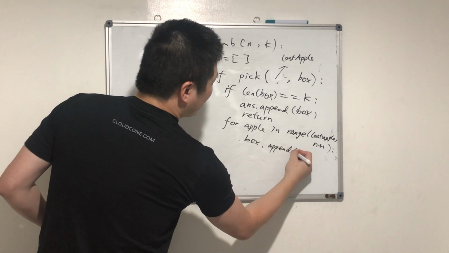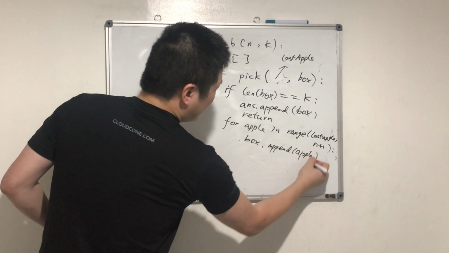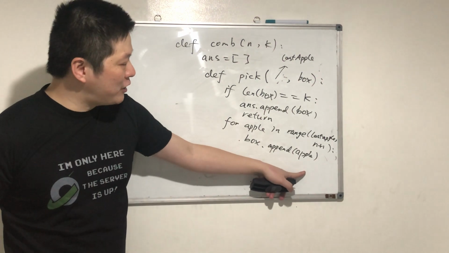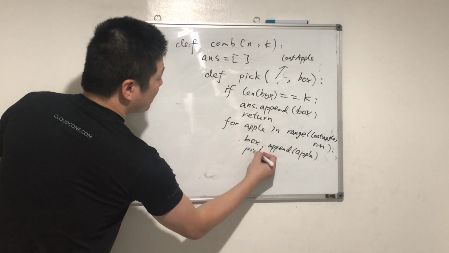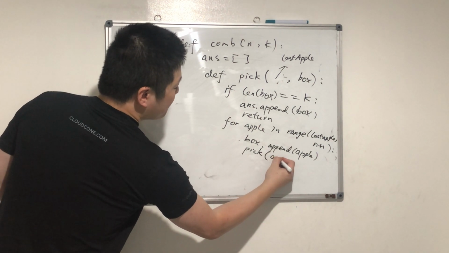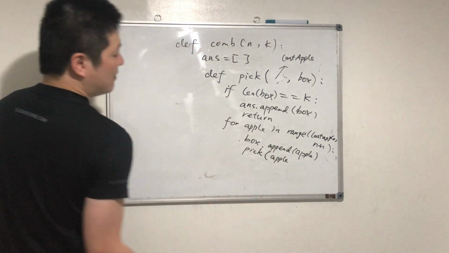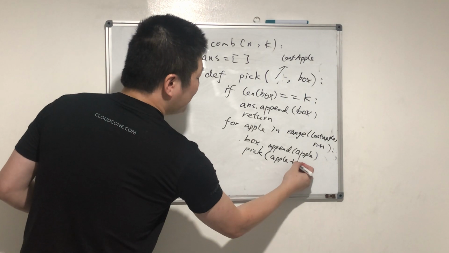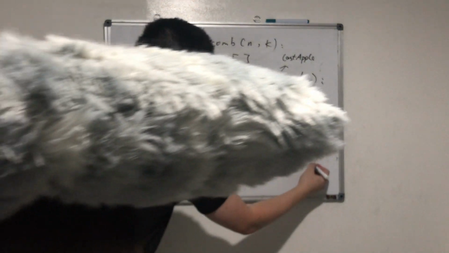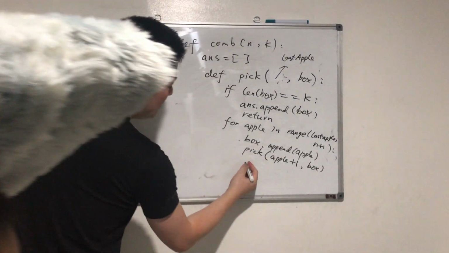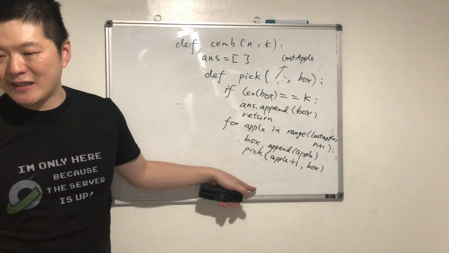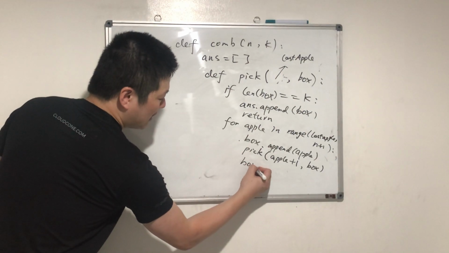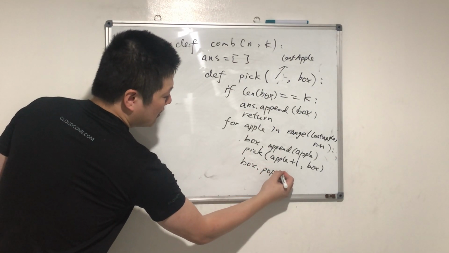Box dot append. Let's pick this apple. And when we pick this apple, we need to try to pick the next apple. So we pick again, apple plus 1, box. And then this is the interesting part. When we pick this apple, we also want to try not picking it. So box dot pop, you take it out.